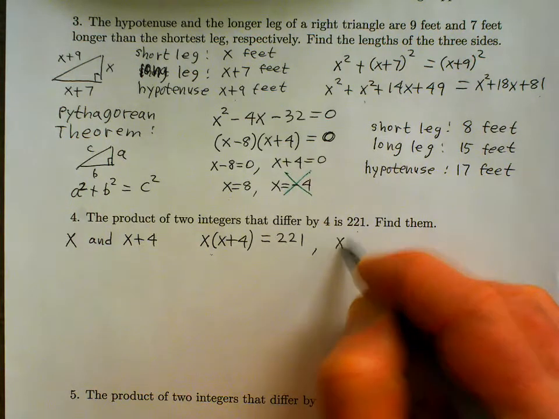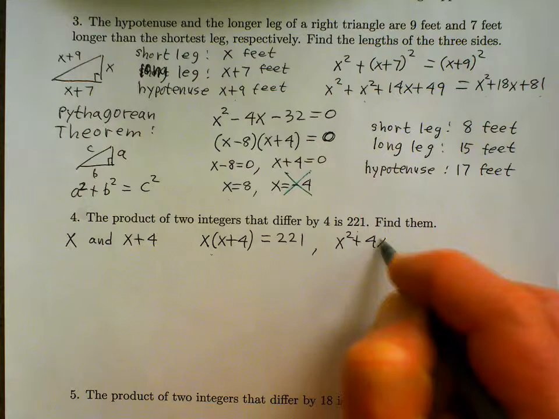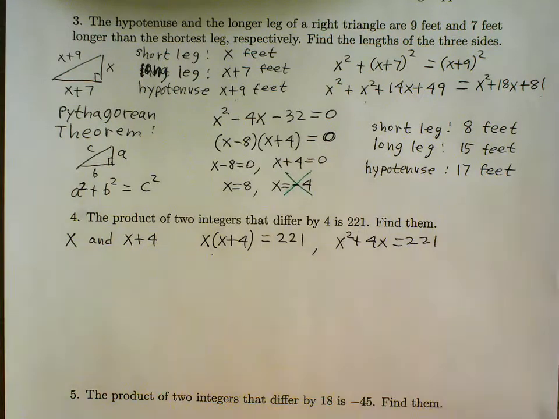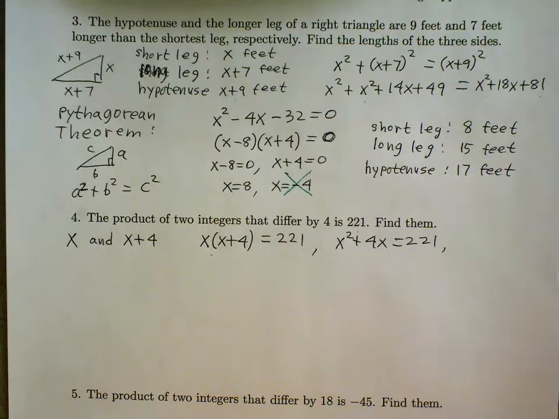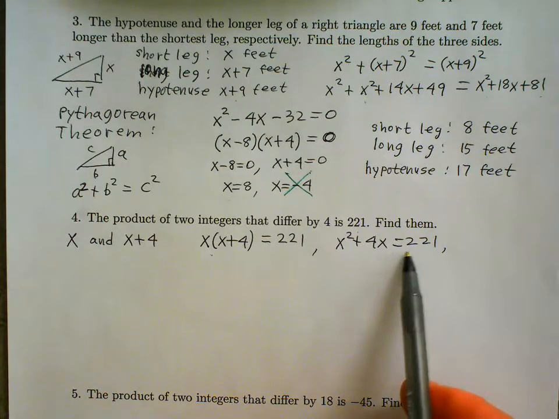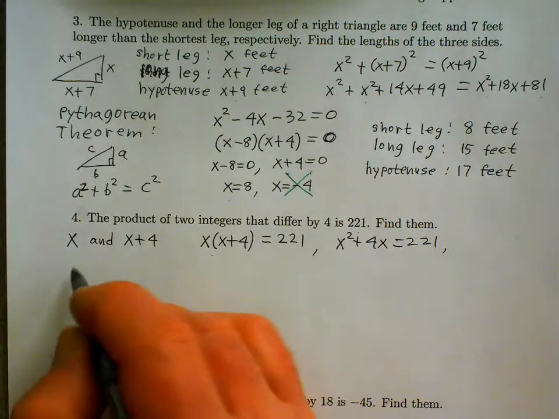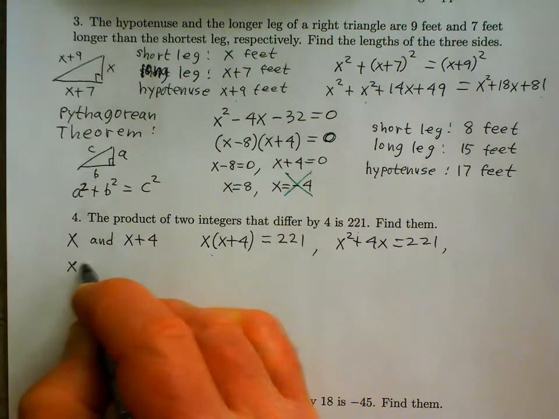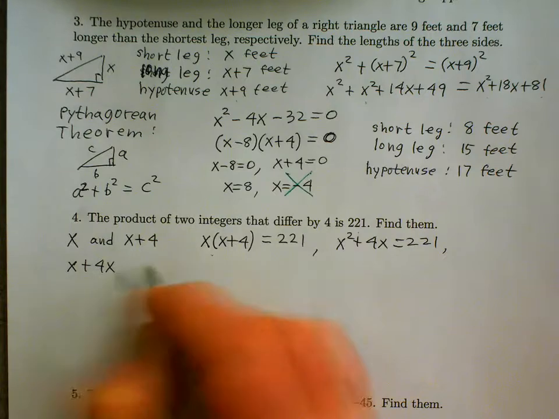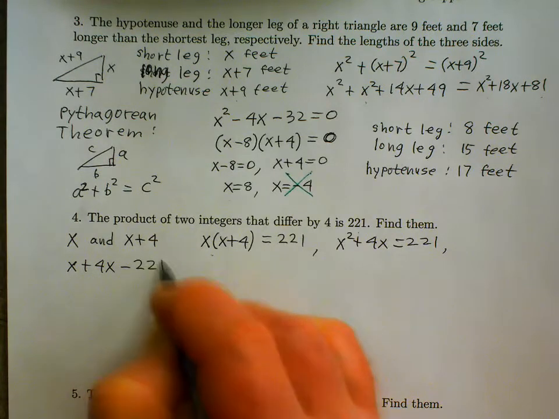We get x squared plus 4x equals 221. And then we'll attempt to solve this equation by factoring. So we'll subtract 221 from both sides. And we get x squared plus 4x minus 221 equals 0.